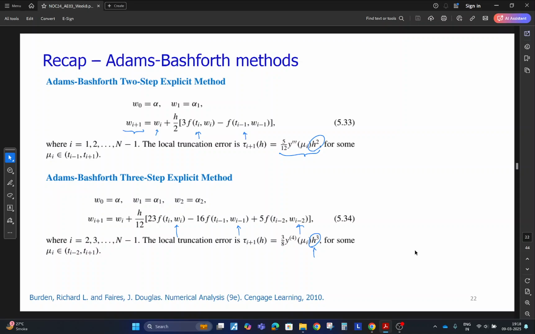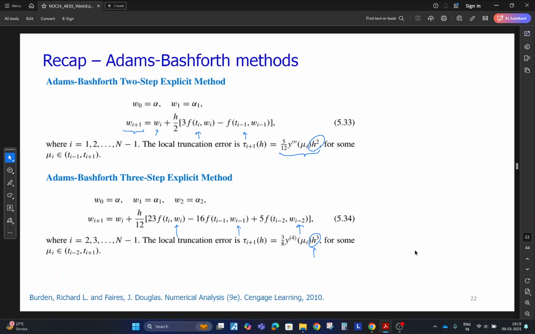First, we'll discuss the Adams-Bashforth two-step explicit method, where clearly we arrive at the solution in two steps. Here, the quantity W0 is alpha, W1 is alpha 1, and Wi plus 1 is equal to Wi plus h by 2 times 3 times the value of the function at ti comma Wi minus the value of the function at ti minus 1, Wi minus 1, where i equals 1, 2, 3 till n minus 1.